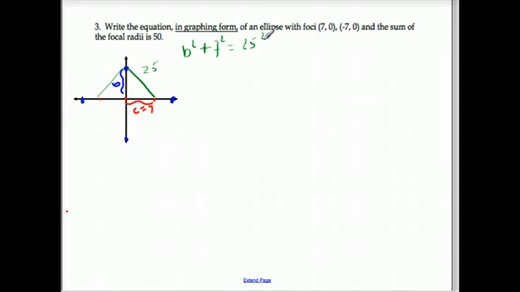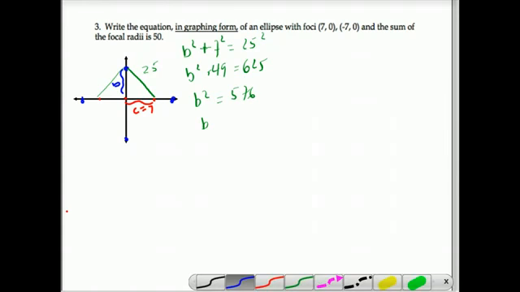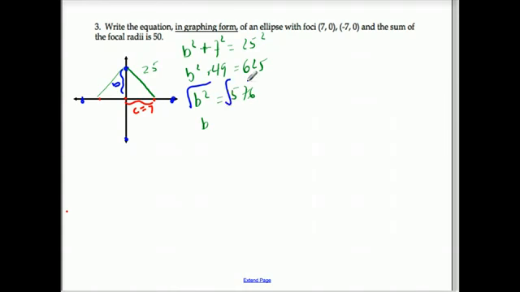All right, so now we have b squared plus 49 equals 625, and now we're just crunching the numbers. b squared equals, subtract 49 from both sides, 576. So b equals the square root of that, which is 24.